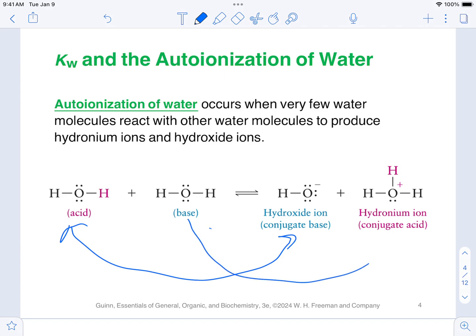And your base turns to your conjugate acid. So look what we produced when this autoionization happened. We got our hydroxide ion and we got our hydronium ion. Now these two will be in the same concentrations, and that's where we get our Kw constant from, which you will see on the next page.